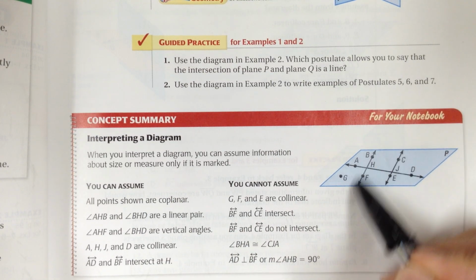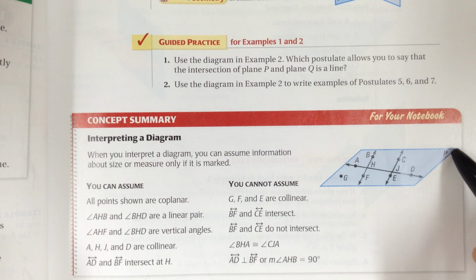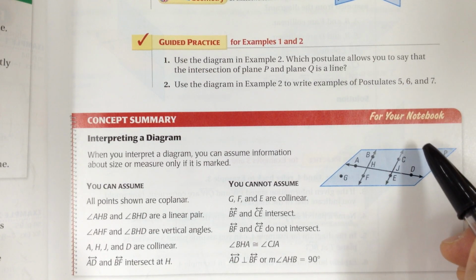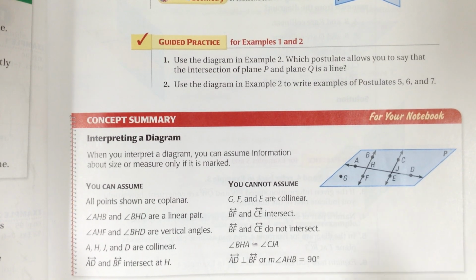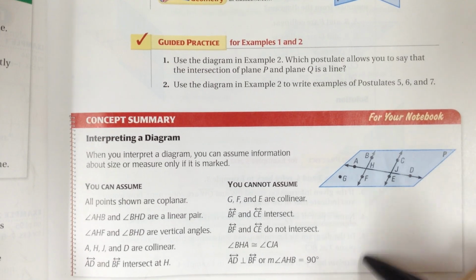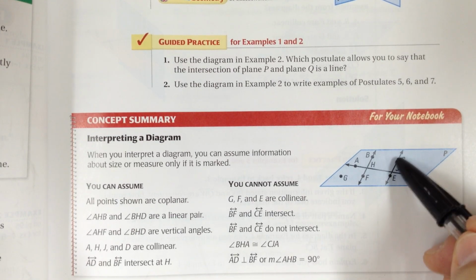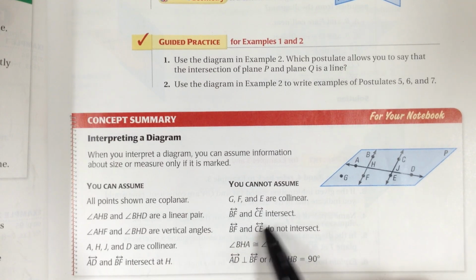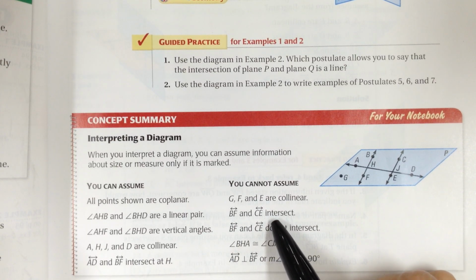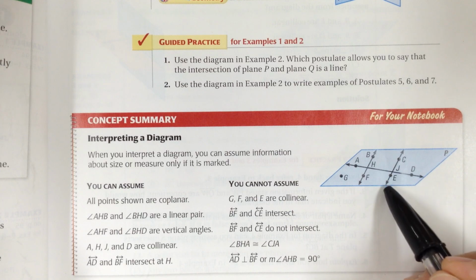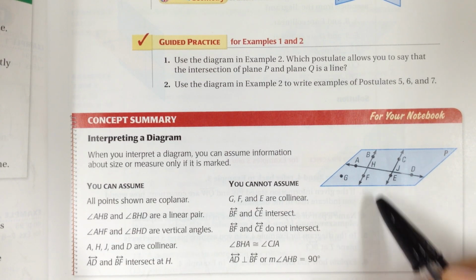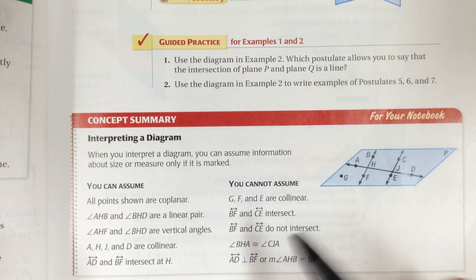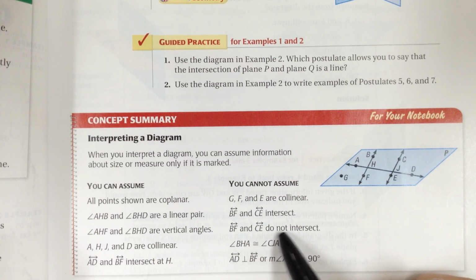Even though the plane and lines go on forever, the diagram doesn't tell you one way or the other, so you cannot assume they're going to intersect. You just don't have the information. But the other way around, you also cannot assume that they do not intersect.